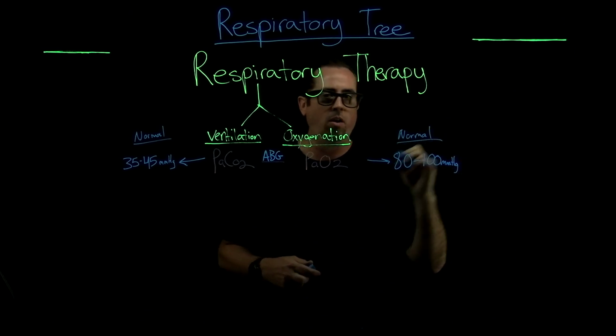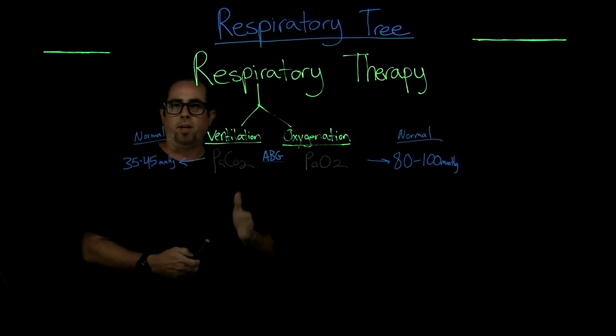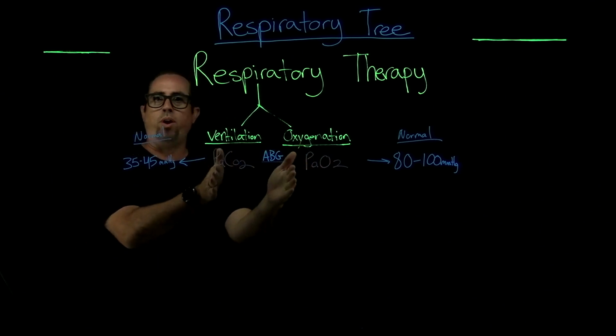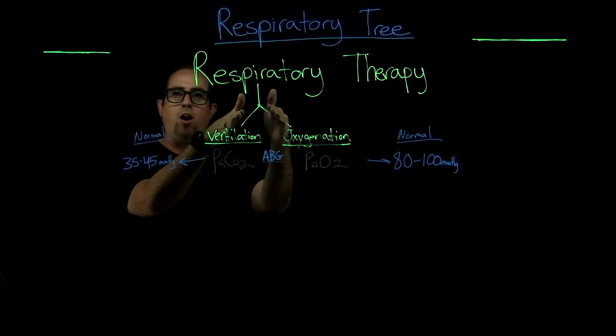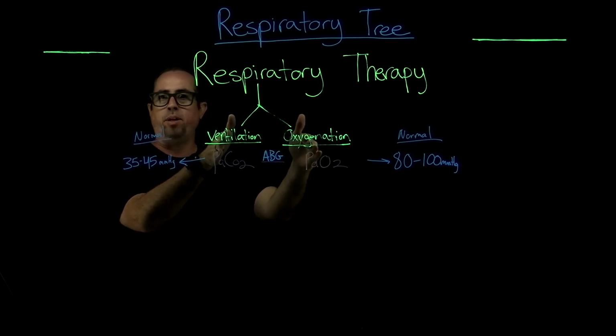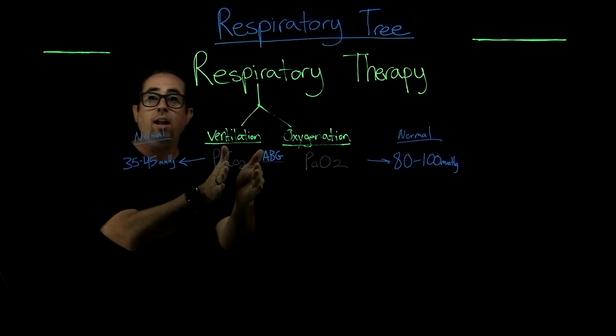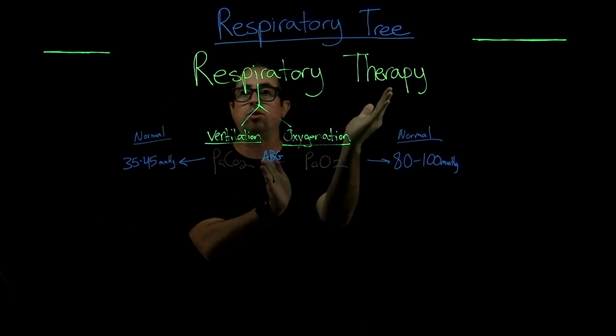Okay, so we have gotten to this point in the tree. We are now able to split it to either be on ventilation or oxygenation. Once we know that, we're already gearing toward some therapies.